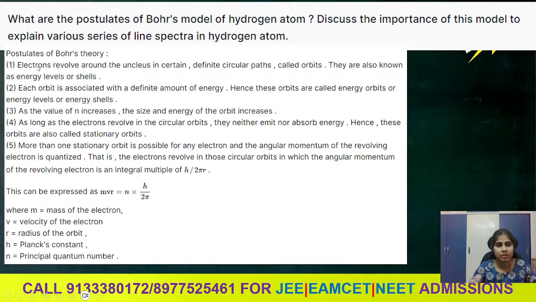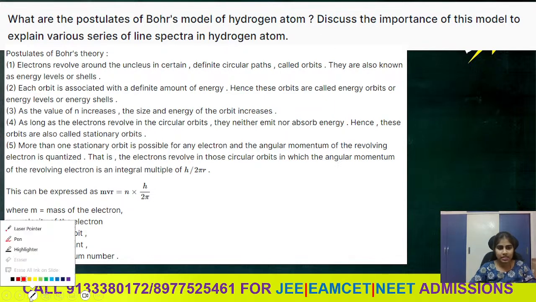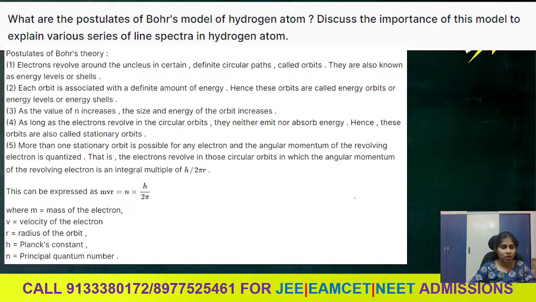What is Bohr's theory? The electrons revolve around the nucleus in certain definite circular paths. What are those circular paths called? They are called orbits. This is the nucleus, and the electron revolves round the nucleus in certain definite paths.